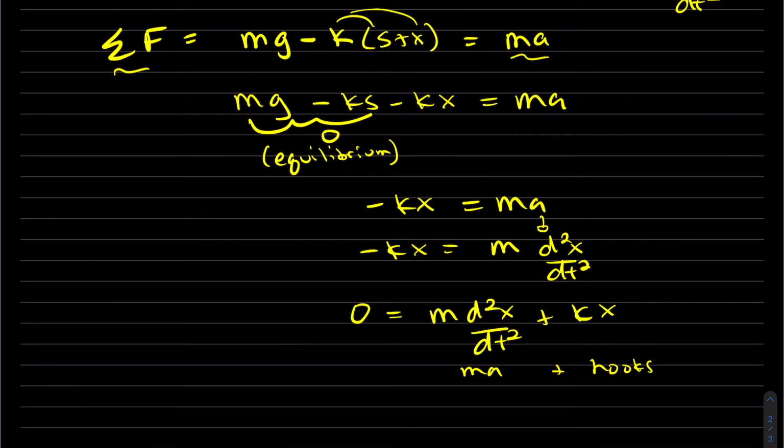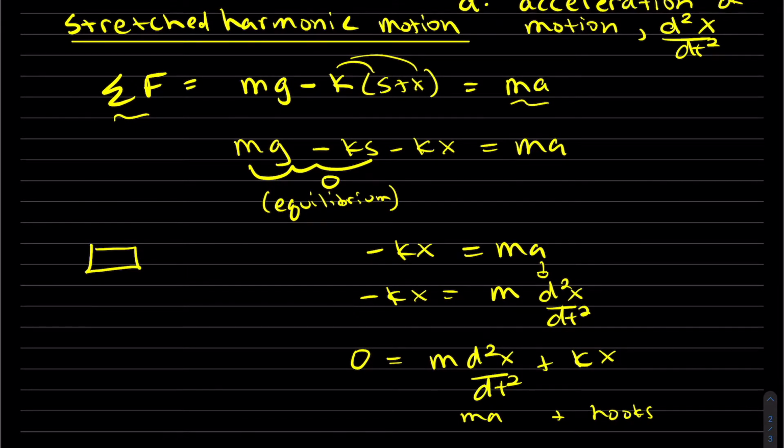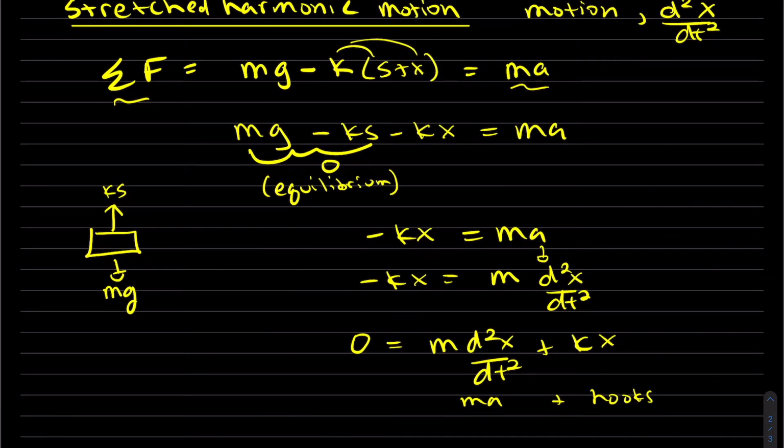Now, the way I like to draw this, again, before we pushed it, when it was just in equilibrium, we had Ks as one force, and the other force in the opposite direction is mg. That was from above, but now when we stretch it, we have Ks plus Kx.